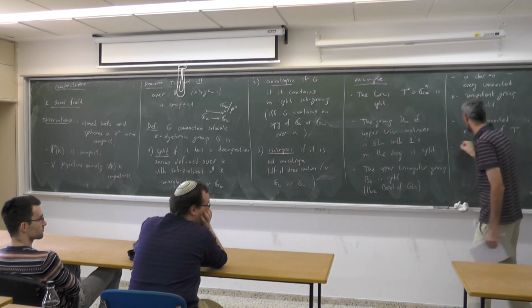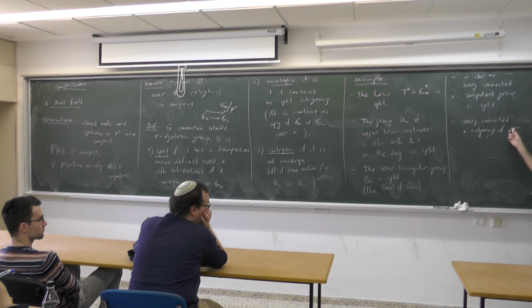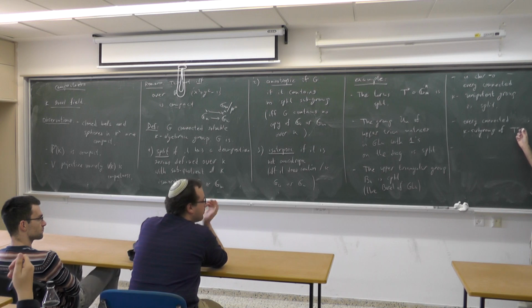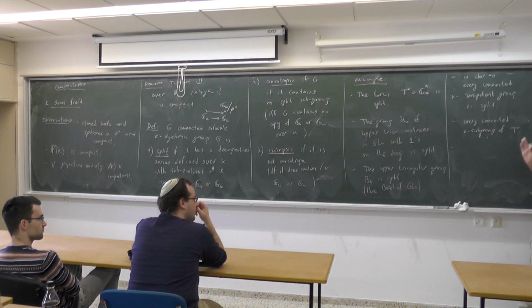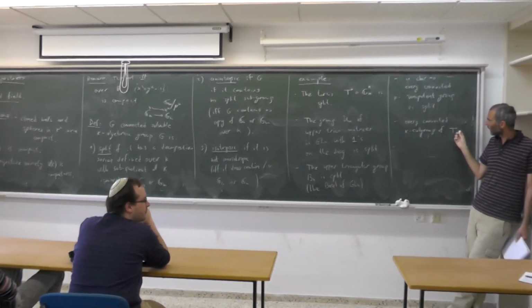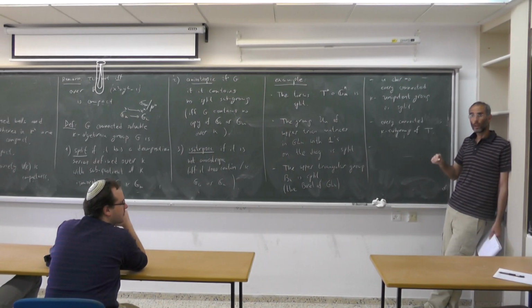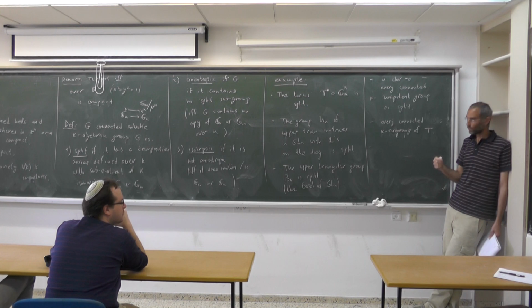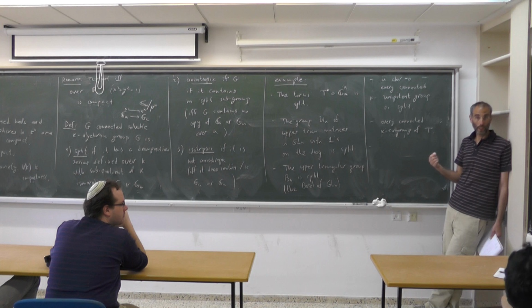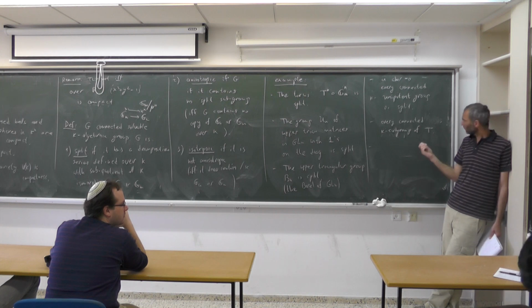This fact, you have it in Borel's book, for example. Just to remind ourselves, if we consider algebraic groups and we look at tori, there is an equivalence of categories with the category of finitely generated Z modules.